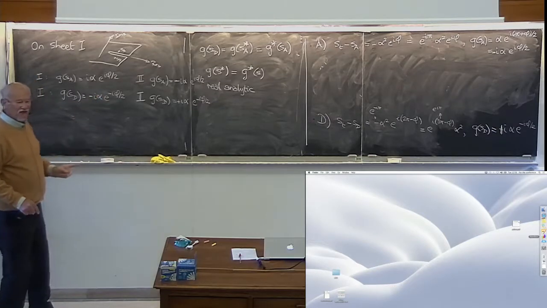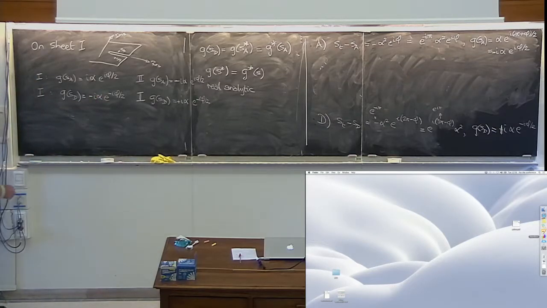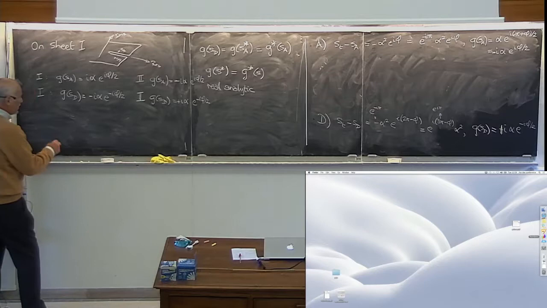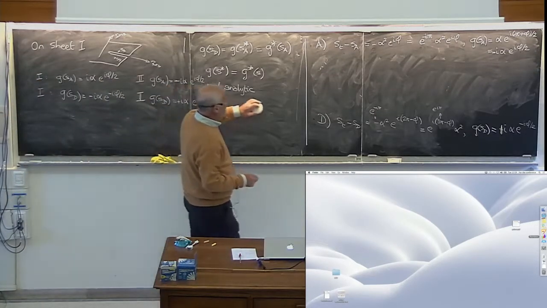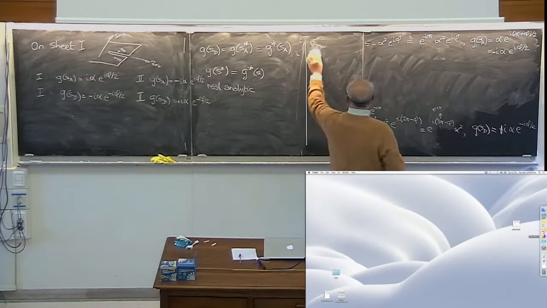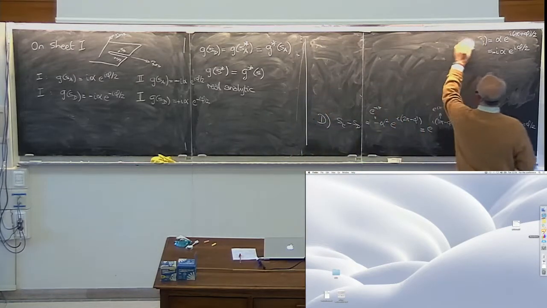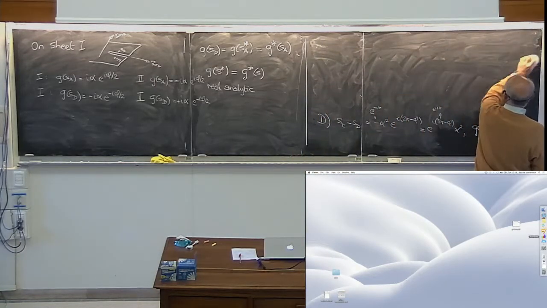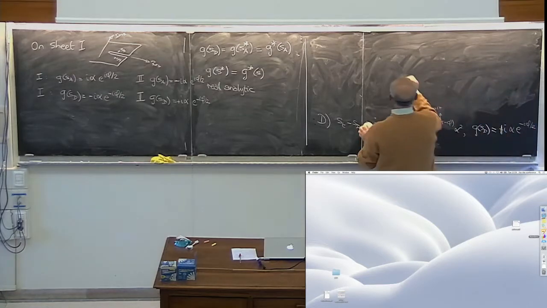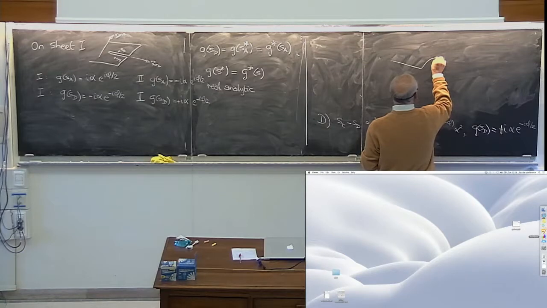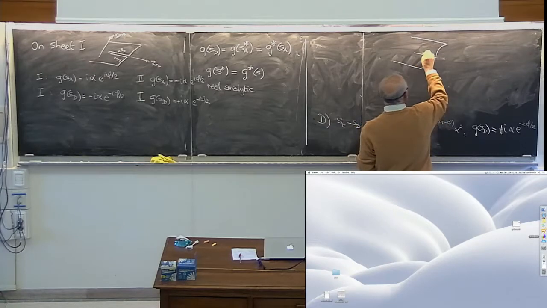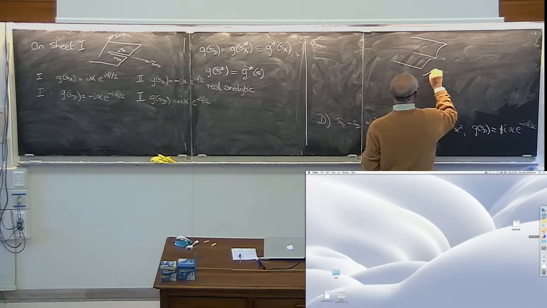So the sheets are connected to each other. Probably when I get to use the projector, I will be able to show you a better picture than I can possibly draw. But the two sheets are connected. So here's the cut. This is sheet 1, and here's sheet 2.